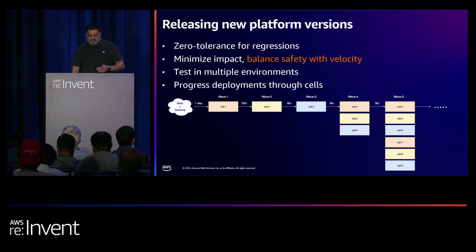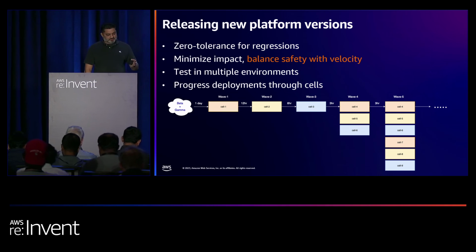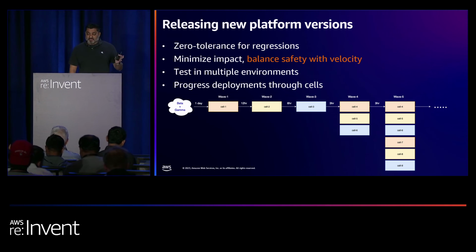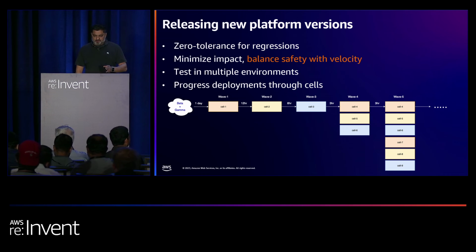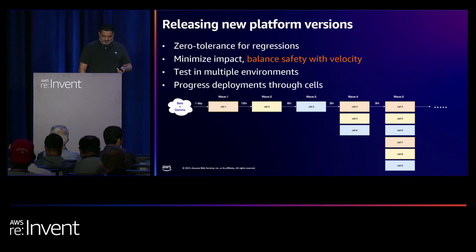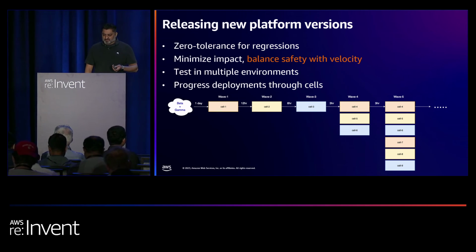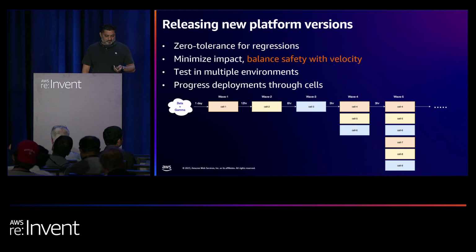We have bake times across each one of these waves. That bake time gradually decreases as we progress further in deployment. We also exponentially grow the number of waves, and at any point in time, we can do a rollback. This is the visual representation of how your clusters are receiving new platform versions, without impact to any of your workloads.